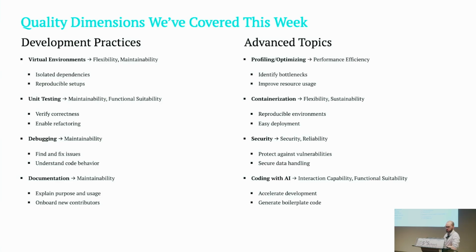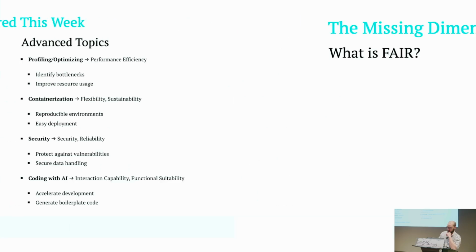For the more advanced topics, profiling and optimizing helps for the performance efficiency, etc. Security as well. But one important dimension of the software quality that we have in the EVERS framework is fairness.